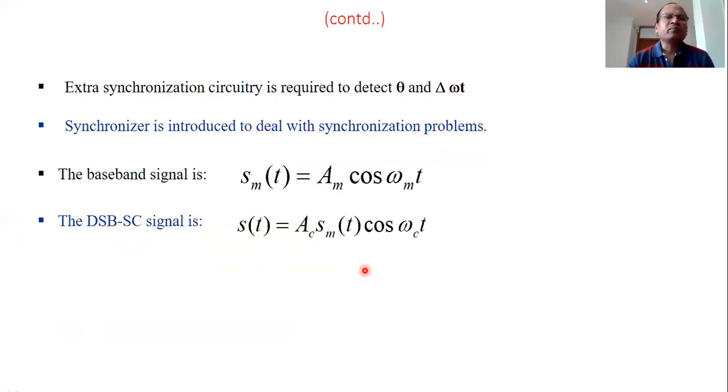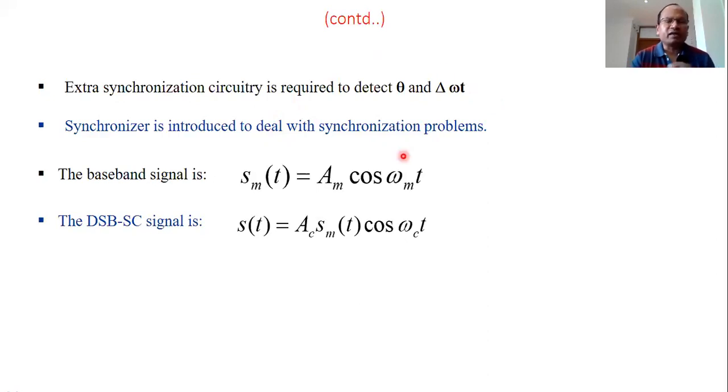So extra synchronization circuitry is required to detect theta and del omega t, so that we can apply the necessary preventive measures. A synchronizer is introduced to deal with the synchronization problem. So an additional circuit called a synchronizer is required at the receiving end, so that the problem due to the phase delay or the frequency drift can be mitigated.